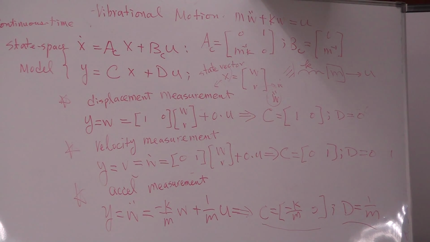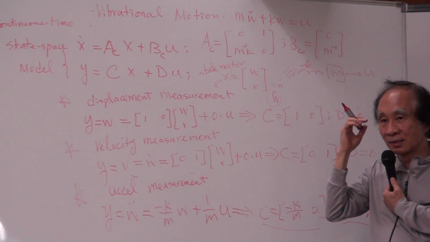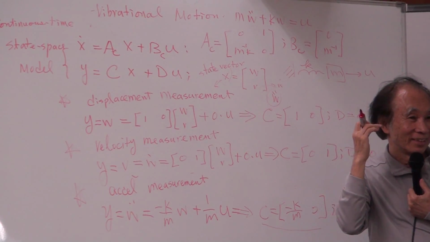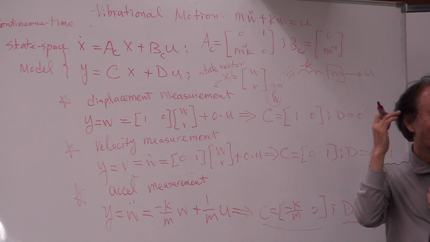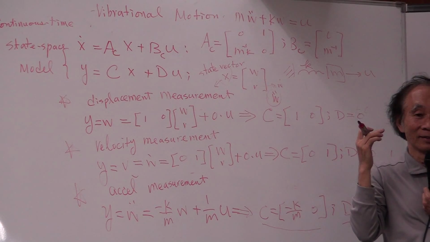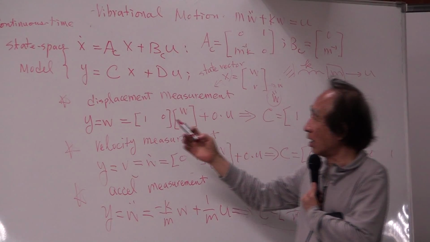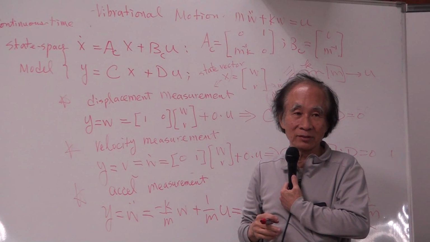Understand now? I think the best way is to memorize the physics rather than the mathematics. It's easier that way, so you won't forget forever. If you understand this, then we know that for displacement measurement, you measure W, that's the independent state.